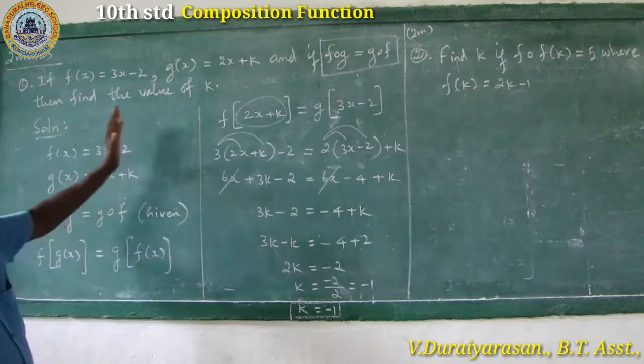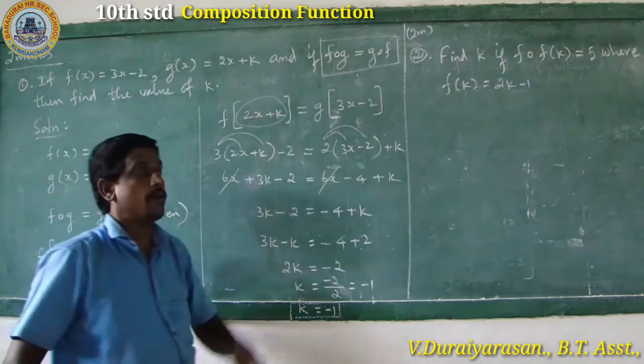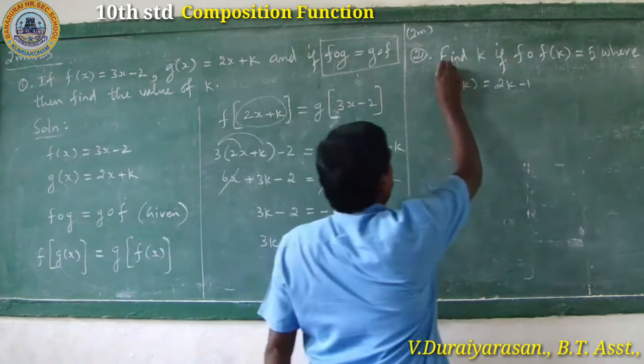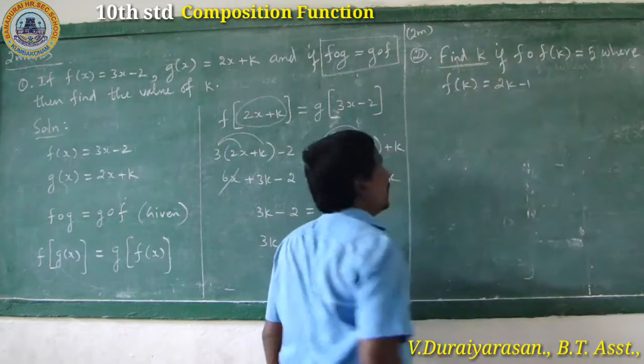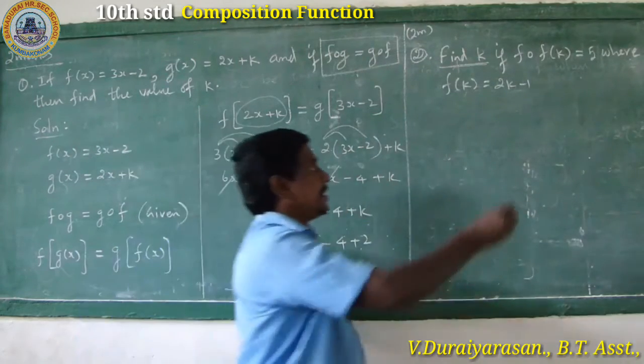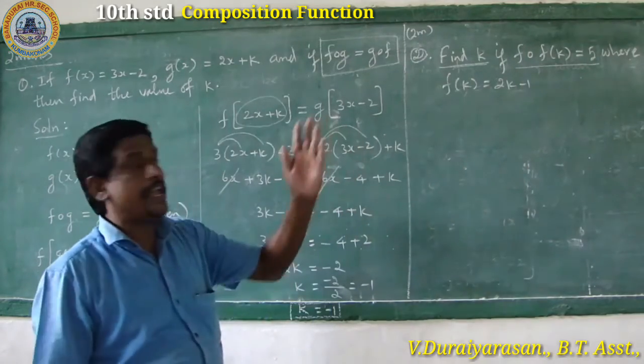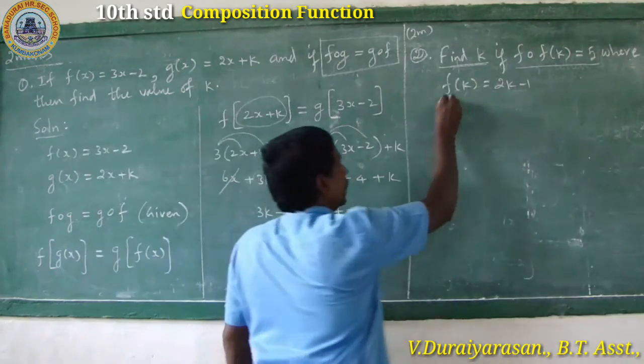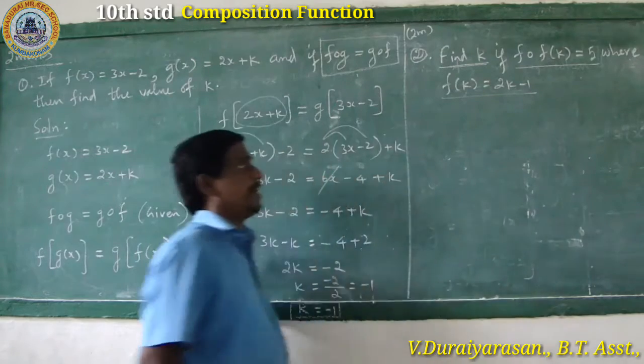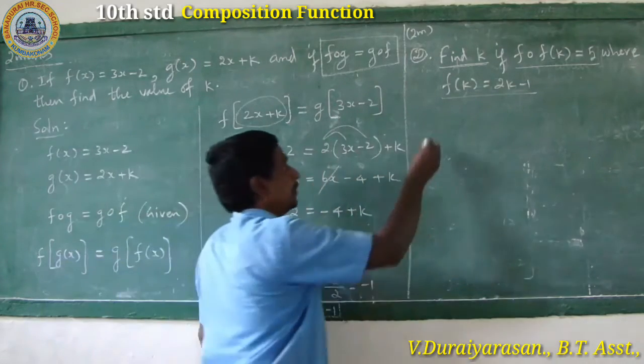This is the first 2 mark question. Right. Second one: find the value of k. What is given? f composite f of k is equal to 5. The function f of k is equal to 2k minus 1.